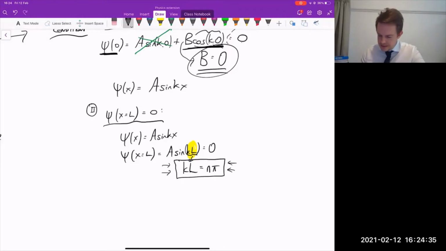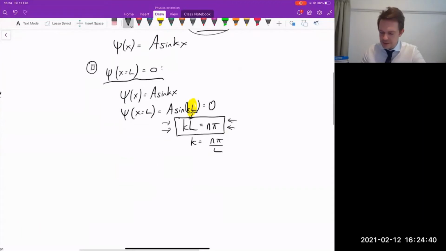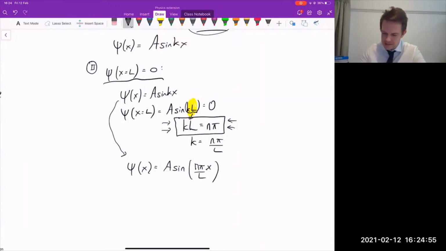So we can say that k is going to be n pi over L. In fact, my solution is further modified and honed so that we have this: n pi over L times x. I've just replaced the k in here by n pi over L. So that second boundary condition gives me some information about what's inside the sine function.